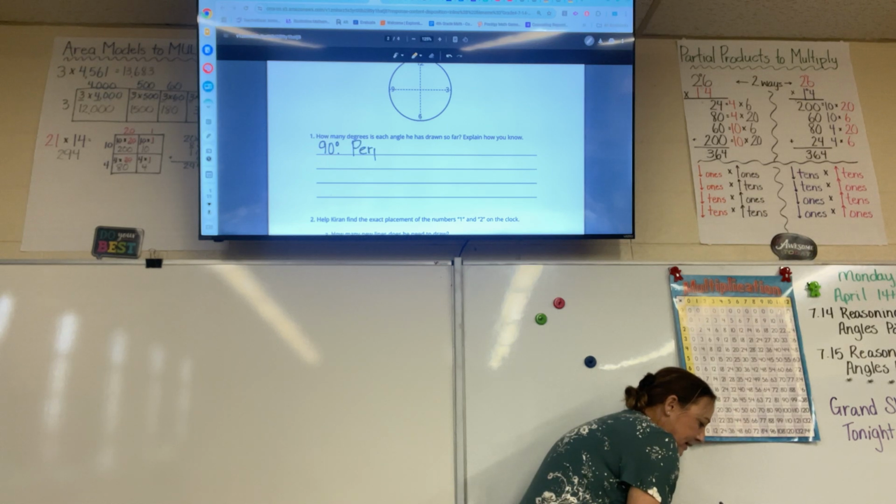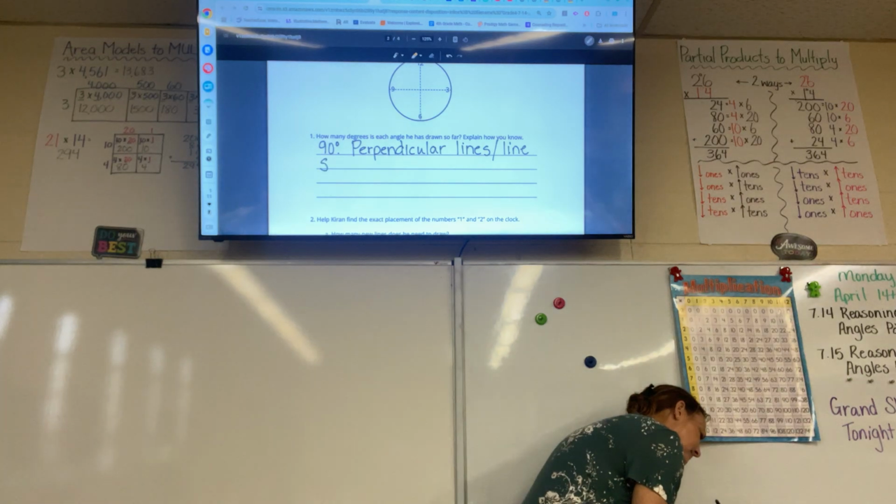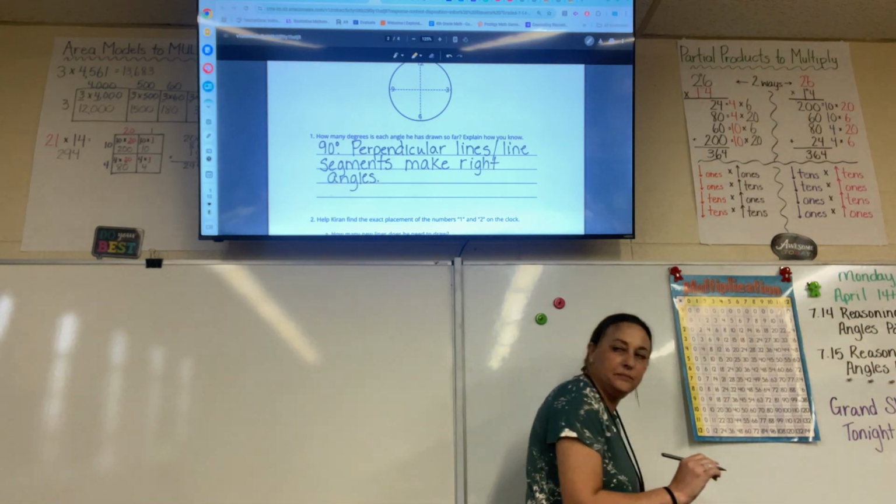Perpendicular line segments, or perpendicular lines, make right angles.